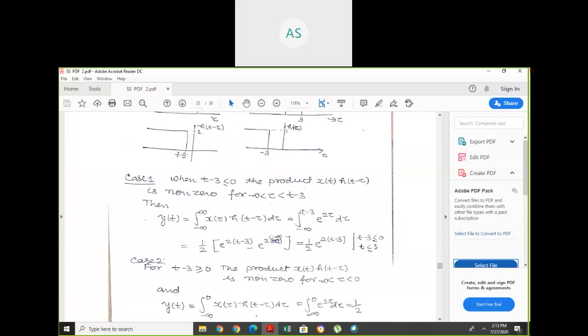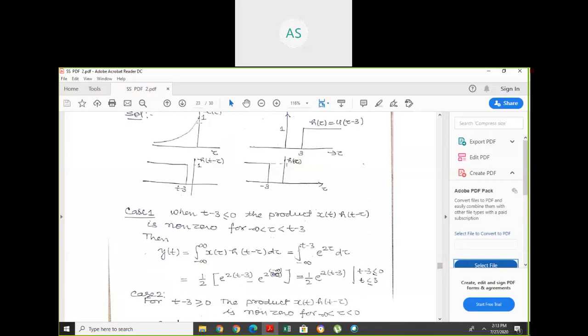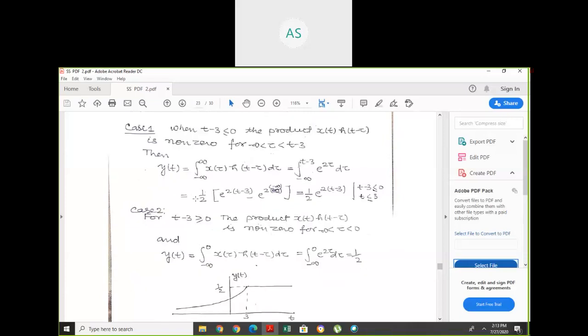the lower limit is minus infinity and the higher limit is 0, because in this area there is no x of tau. There will be no value of x of tau here, so the multiplication will become 0 in this area. So the lower limit is minus infinity but the higher limit is 0.